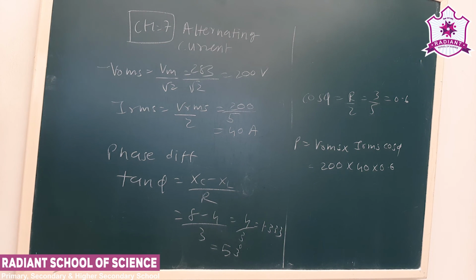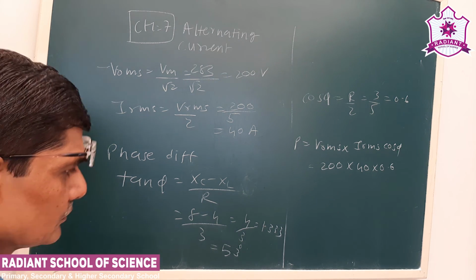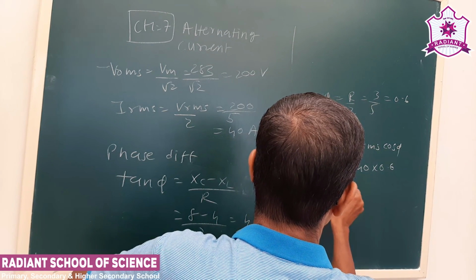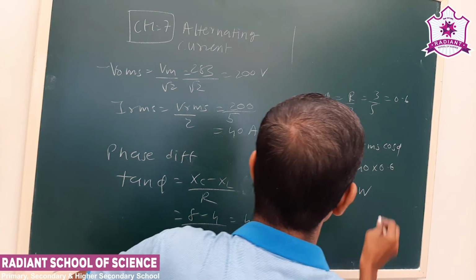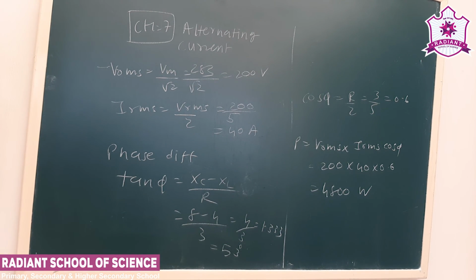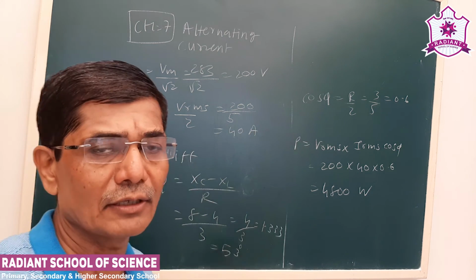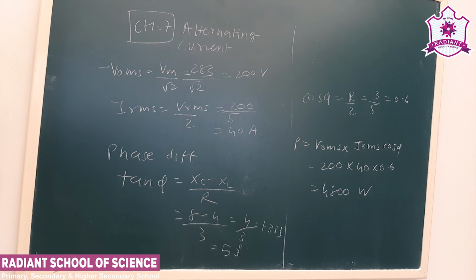So we can calculate. Power in the circuit is 4800. So cos phi we can easily find out by the value we are obtaining. So this is about example number 7.8.